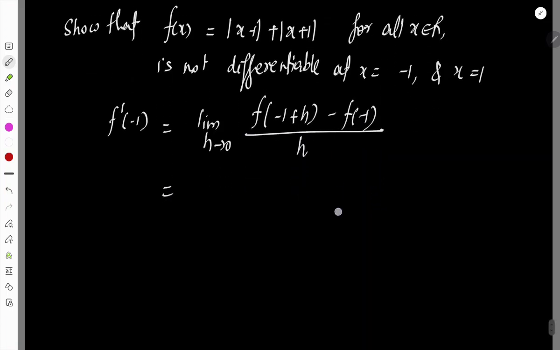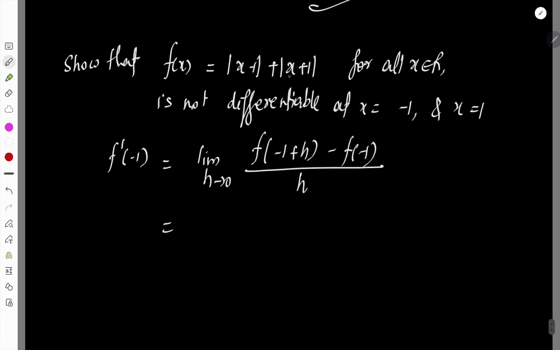So if f of x is modulus x minus 1 plus modulus x plus 1, then f of minus 1 plus h will be what? Limit h tending towards 0. In place of x we substitute minus 1 plus h: modulus of minus 1 plus h minus 1 plus modulus of minus 1 plus h plus 1, minus f of minus 1.